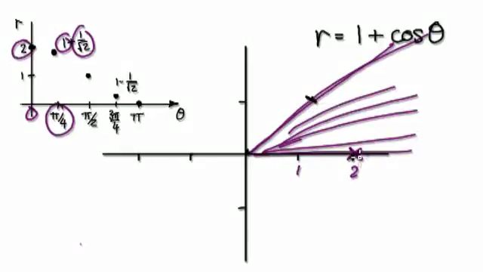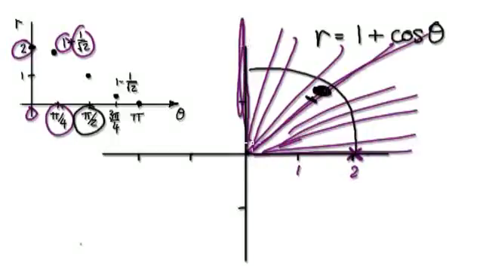Hang on, let me think. 2. So it's probably somewhere around here. Okay, around here. And then by the time it gets to pi over 2, the radius will be 1. So 1 is this, so it'd be right here.